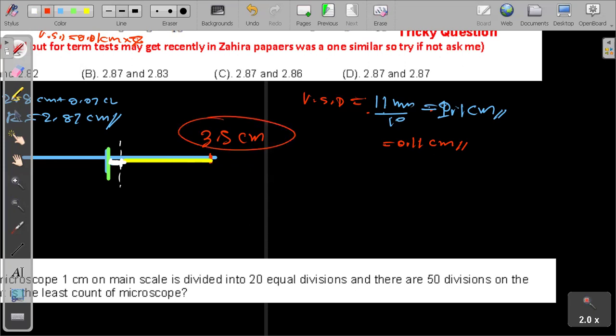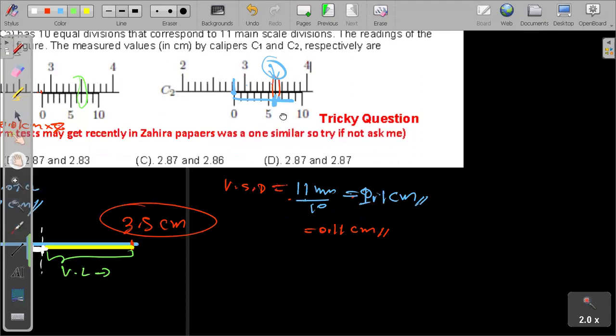Blue line length, I already know. What is the yellow line length? The yellow line length is the vernier length. How many parts? It seems there are about 6 parts.